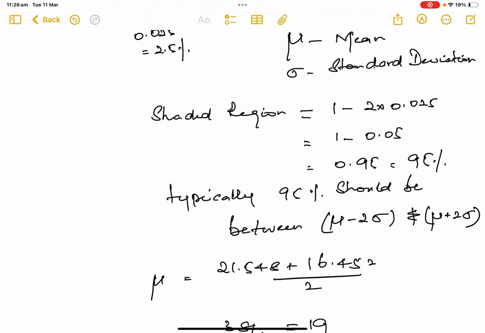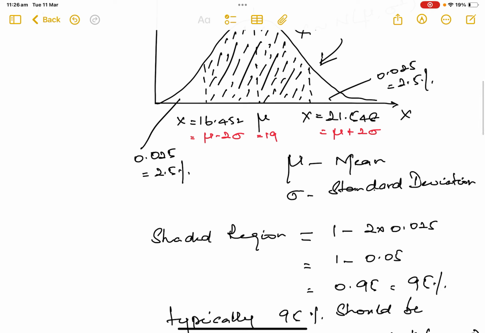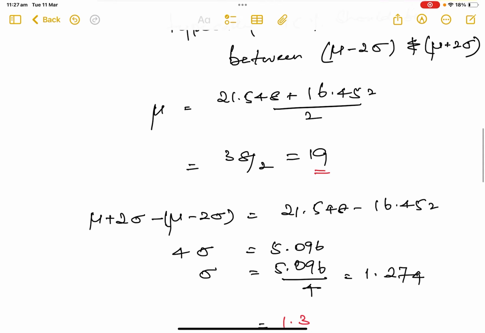So mu minus 2 lambda, mu plus 2 lambda, or mu minus twice the standard deviation, mu plus twice the standard deviation. That is why I put in red mu minus 2 lambda and mu plus 2 lambda. So the shaded region is between 2 standard deviations either side.